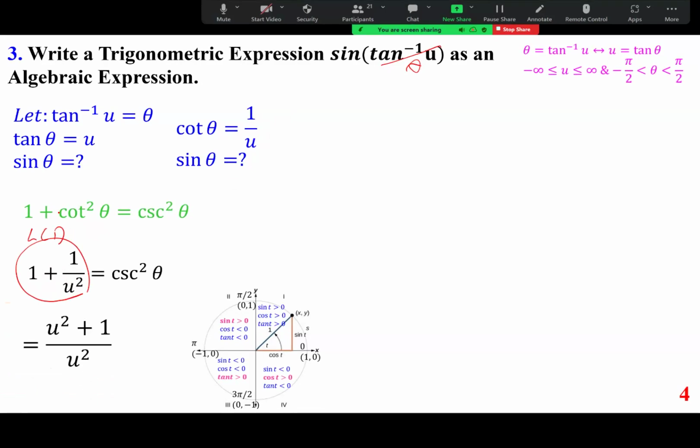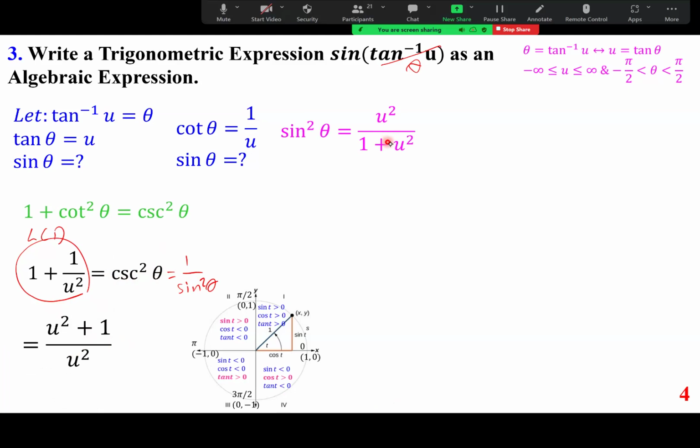On the other hand, cosecant is 1/sine. And so if I write the reciprocal of this, I get sine squared. And I write the reciprocal of that. Again, cosecant squared equals 1/sine squared. So what we are doing, we are writing the reciprocal of this. We are writing the reciprocal of that.